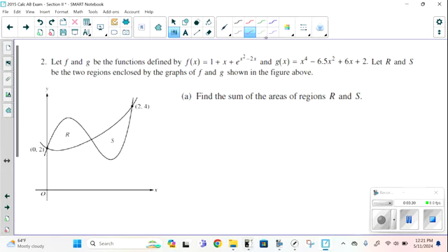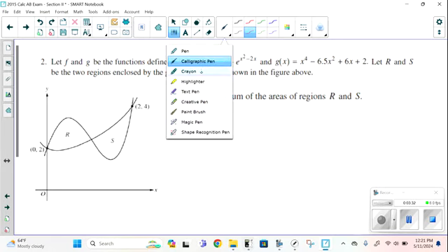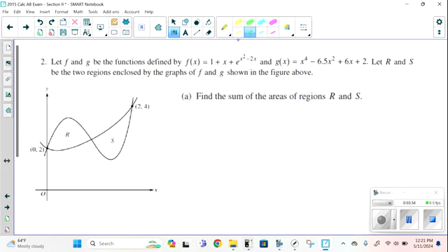Now, I'm going to be honest with you here. If you notice, I am only going to 0 on the x and 2 on the x, which will be right about here. And I'm only going as high as 4 on the y, which would be right here. So this would be 4, this is 0, this is 2.